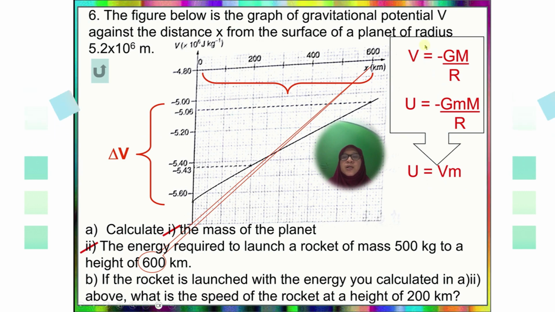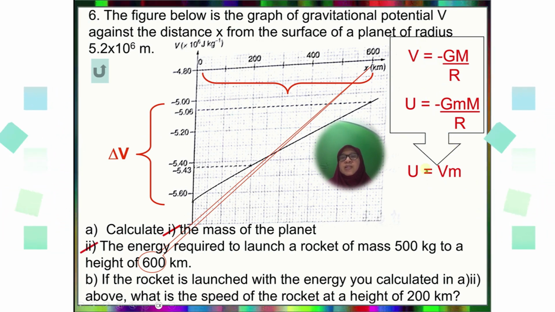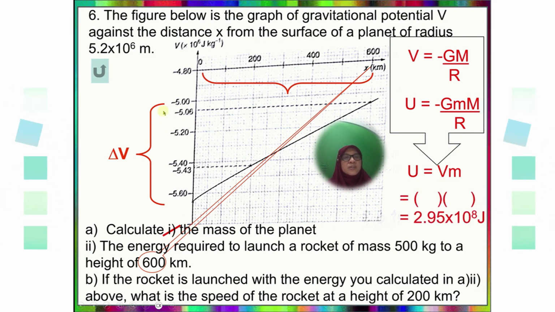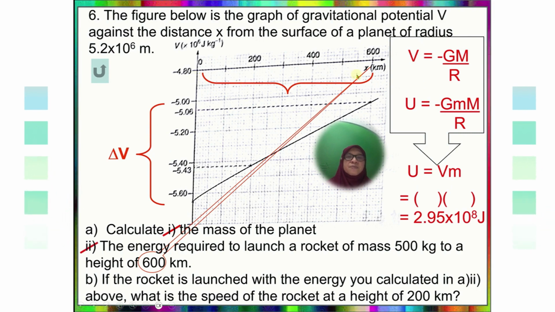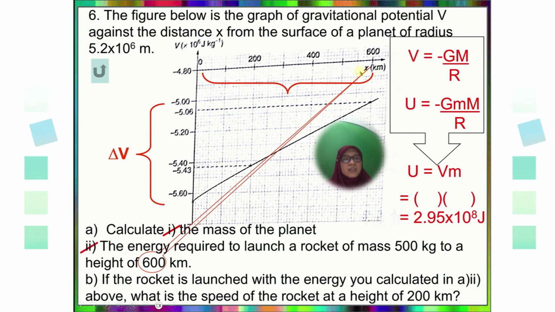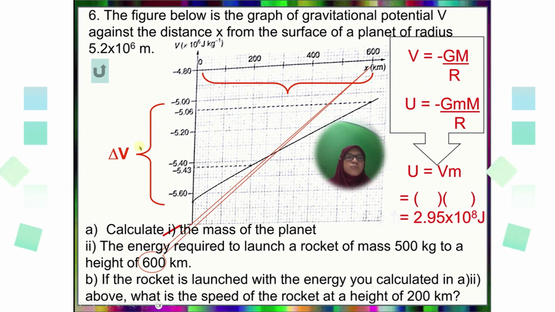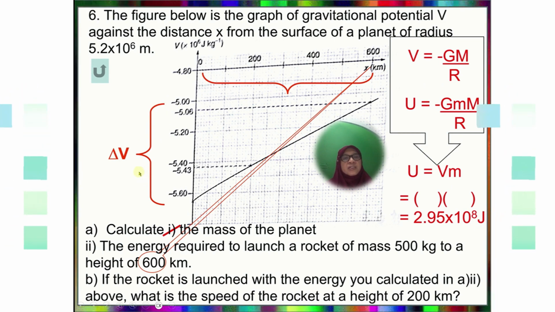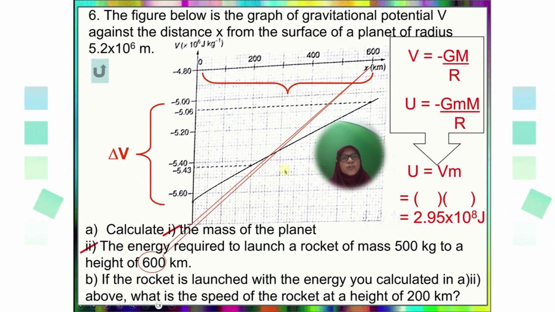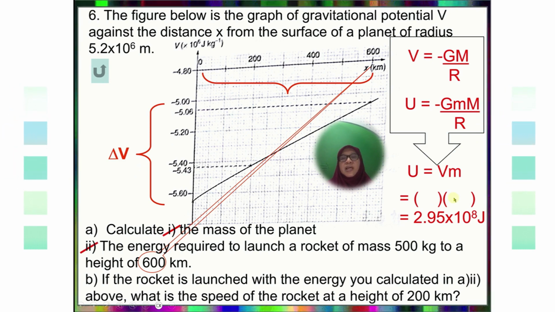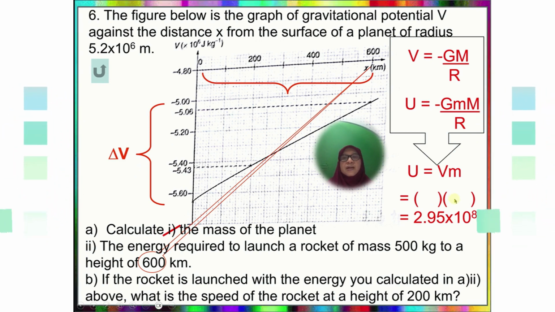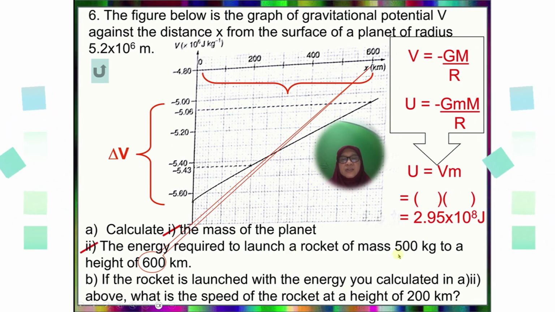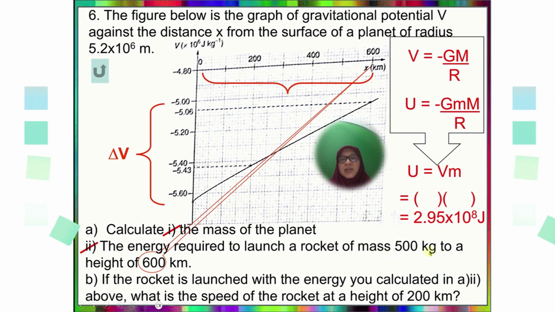From these two, using the ratio method, you get U equals Vm. For V, you take the reading here, because from the surface to 600 kilometers the change will be this, the change in gravitational potential. So you substitute into here, and the mass of the object, not the mass of the earth, the mass of the rocket, 500 kg.